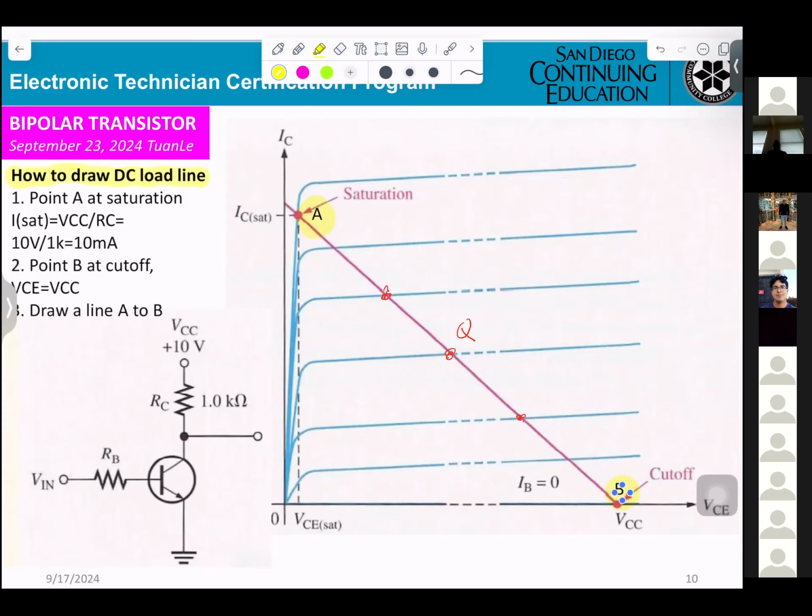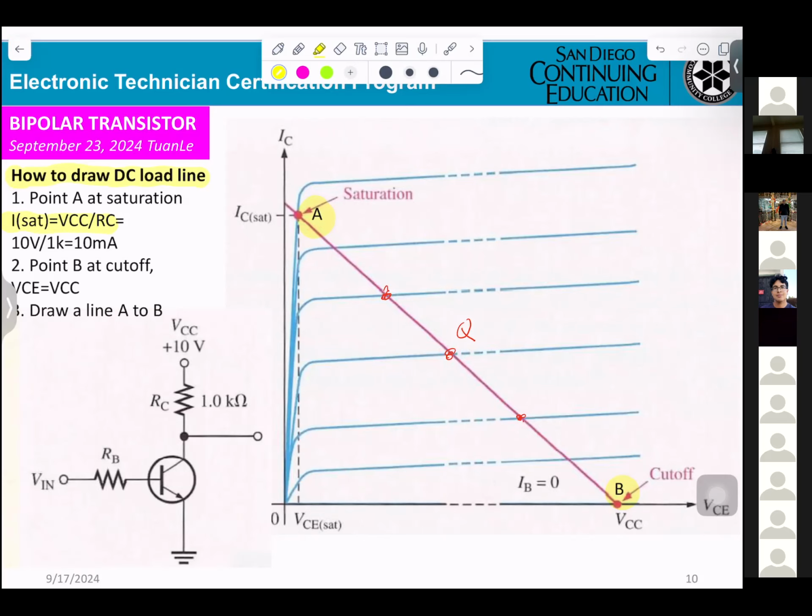Now, they're telling you point A is at saturation. At saturation, I saturate equals VCC divided by RC.